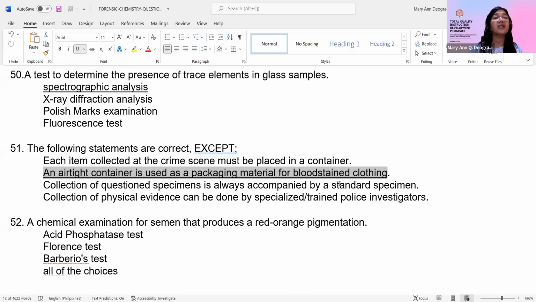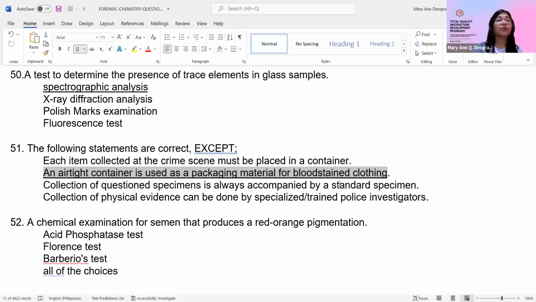So yung letter B ang incorrect dyan, kasi hindi tayo pwede maglagay ng blood-stained clothing sa airtight container. Kailangan may pumapasok pa rin na hangin. What is the ideal container for blood-stained clothing? Hindi tayo pwedeng gumamit ng ziplock, kundi paper bag lang, para pumasok pa rin yung hangin.